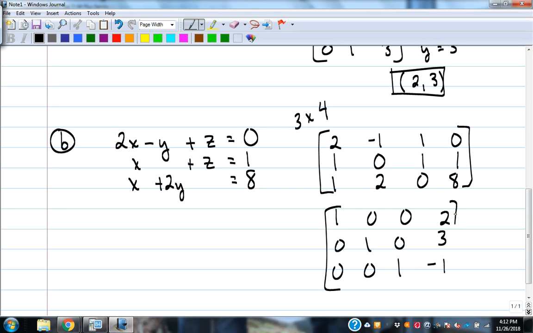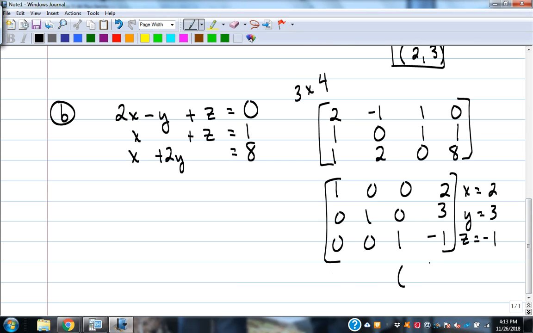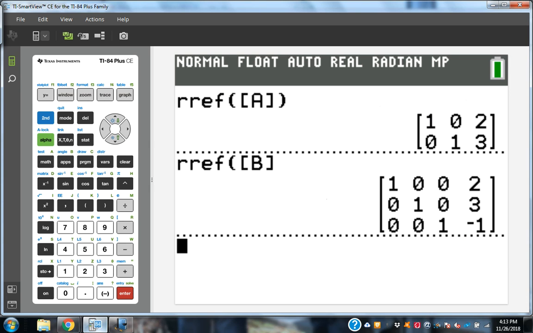And that tells you that x is equal to 2, y is equal to 3, and z is equal to -1. You get this ordered triple, x, y, z, 2, 3, -1. So that's the order that you're going to get those in when you have one solution.